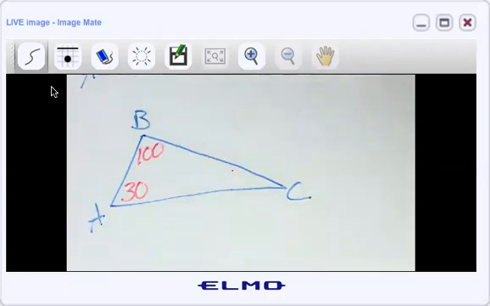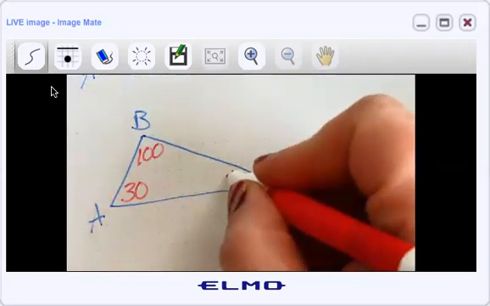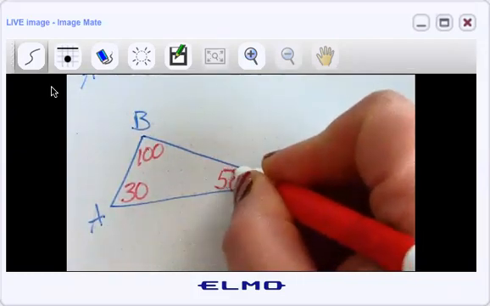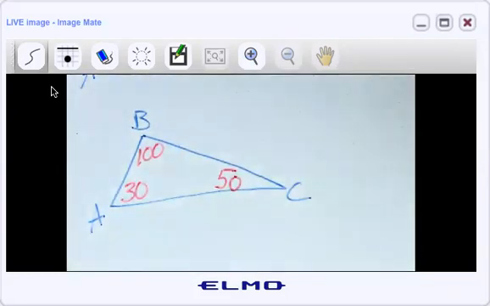But you are right that it's not 40. I don't know if I lost you or what, but the answer that I'm looking for is 50. Yes, 50, right? Of course, because I got to add it to be 180.